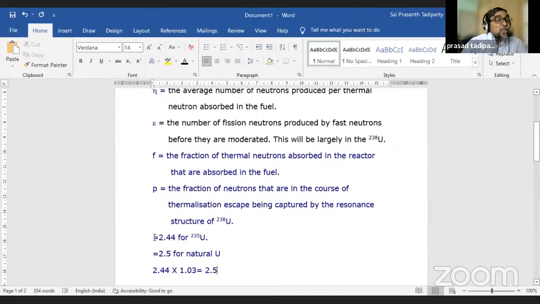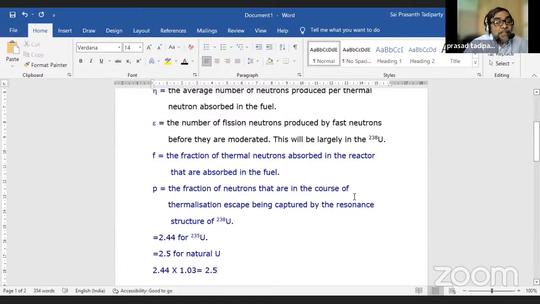The second term is the fast fission factor, that is epsilon. This is the number of fission neutrons produced by fast neutrons. That is nothing but the fast fission factor. Some of the new neutrons, which are all fast, meet U-238 nuclei before reaching the moderator.